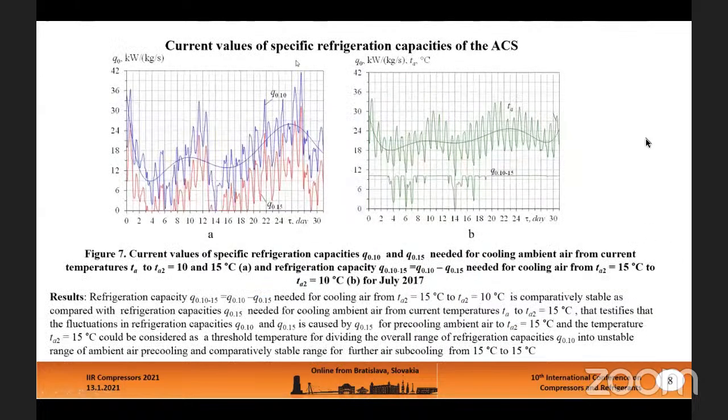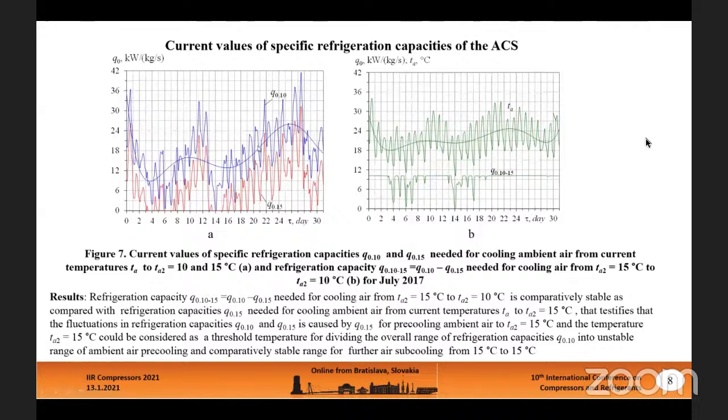Here you see the results of calculation of rational distribution of design refrigeration capacity in two stages. This is the current refrigeration duties needed for cooling ambient air to 10 degrees centigrade, and this is for cooling ambient air to 15 degrees centigrade.